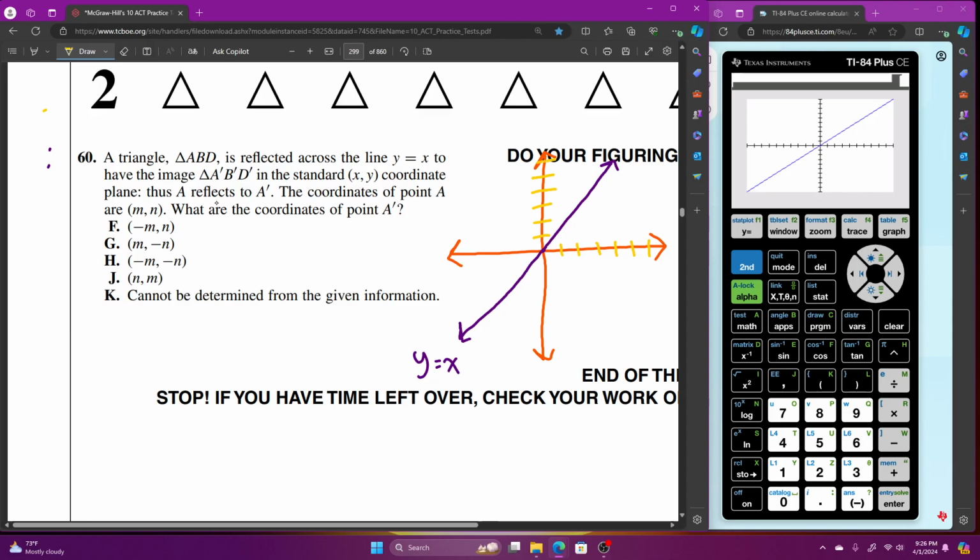Do those look pretty close to the same size? Maybe. I'm going to go right 1, 2, 3, 4, and up 1, 2.